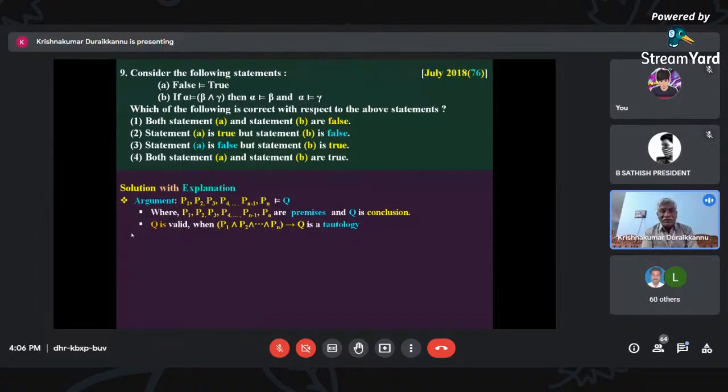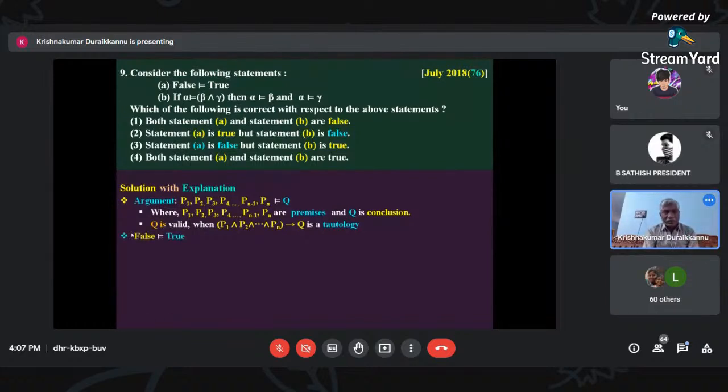When we apply the AND operation on each proposition, that is P1 and P2 and P3 and so on up to Pn, implies Q. If the resultant of this implication is always true, then it is a tautology, and the statement Q will be valid.